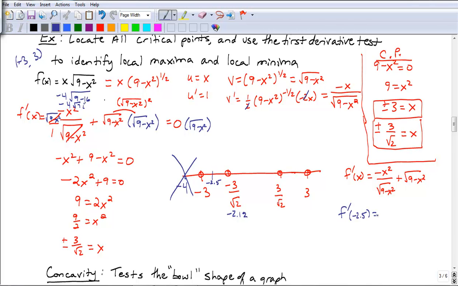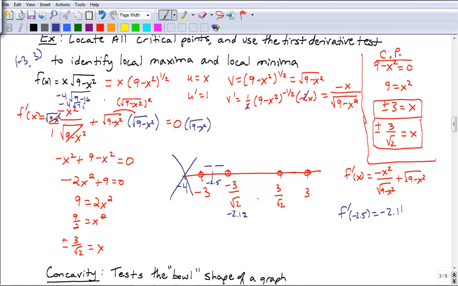So I get negative 2.5 squared divided by the square root of 9 minus 2.5 squared, plus the square root of 9 minus 2.5 squared. And that gives me negative 2.11, which is negative. And since it's the derivative, it tells me it's decreasing there.